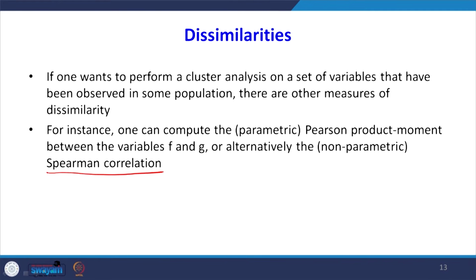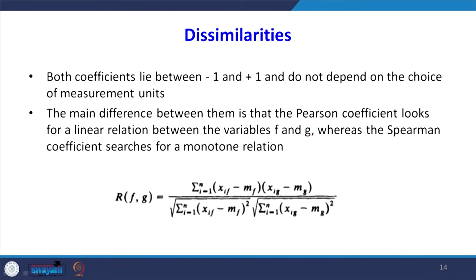Here the dissimilarity can be found with the help of the Pearson or Spearman correlation. We know that the Pearson correlation is a parametric method, while Spearman correlation is a non-parametric method, because Spearman correlation is applicable only for ordinal data. Both coefficients lie between -1 and +1.